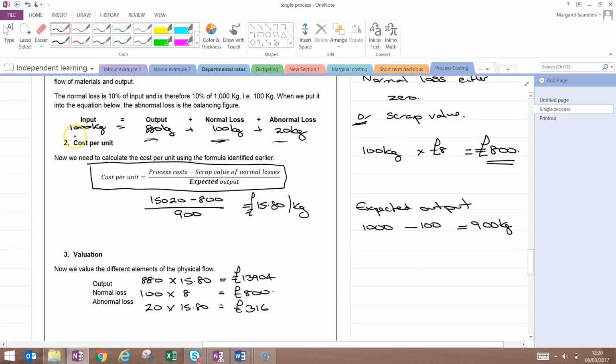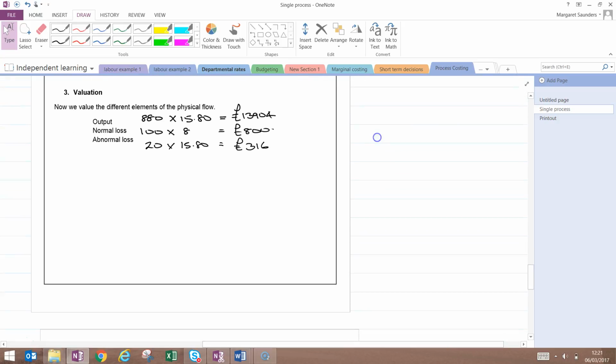So there's our 1,000 kilos. On the right-hand side of the process account, we're going to put our output, our normal loss, and our abnormal loss. So if we just put those in first.